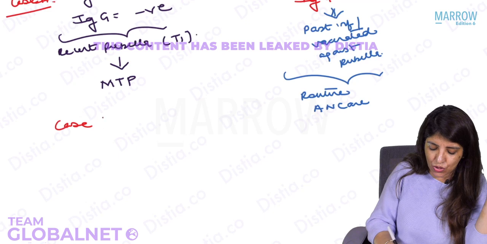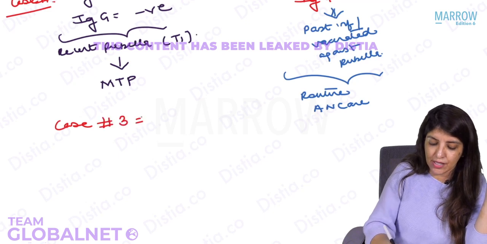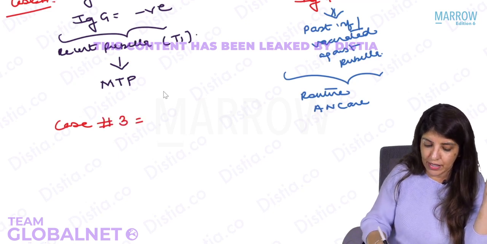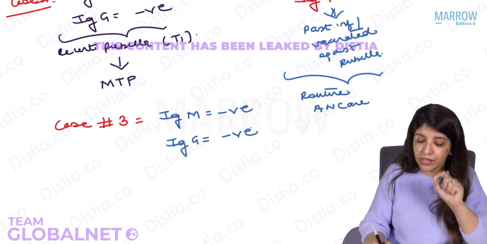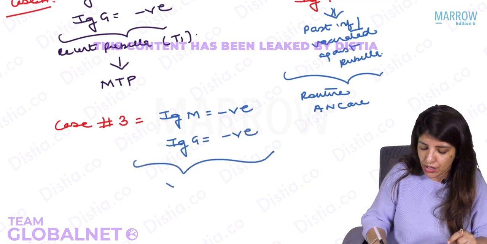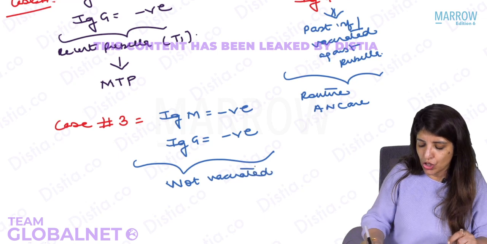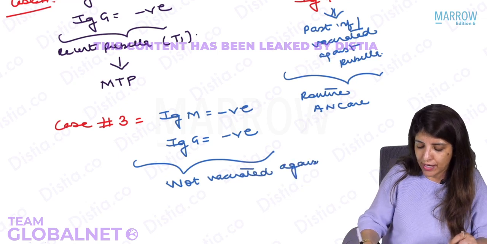Now comes case 3. Case 3 is if IgM is negative, but you see that IgG is also negative. This means this person is not vaccinated against rubella.